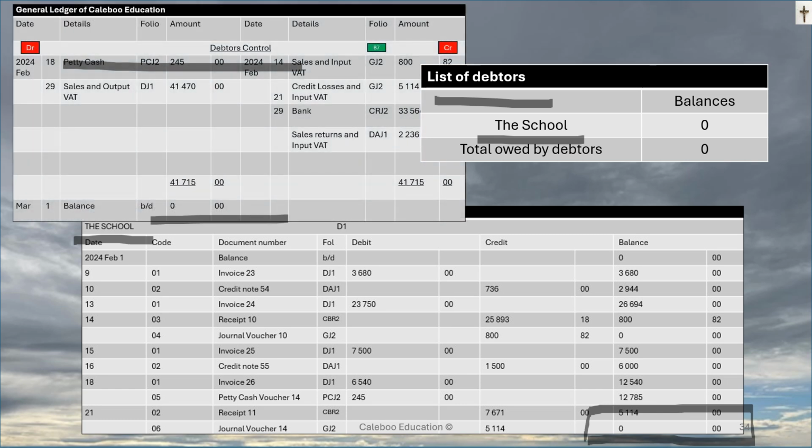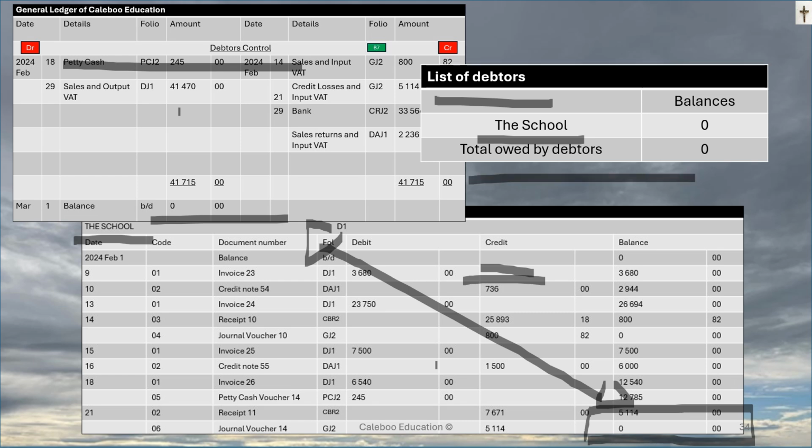And what is the balance of the control account? 0. So the two are equal. That's what we were trying to do. We've reconciled here between the control account and the individual school account in the debtors ledger. We made a list of all the debtors. There's only one debtor, the school, and the list equals the balance of the control account. That is a debtors reconciliation.